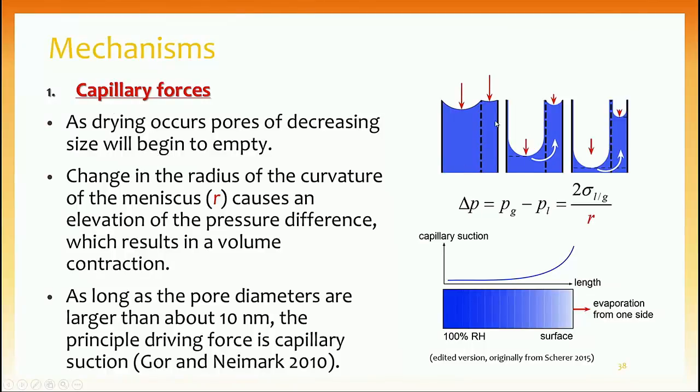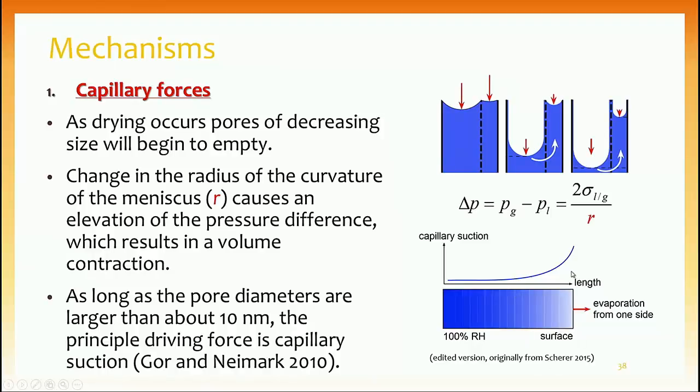So when drying happens, the water begins to empty and it starts from the larger pores, and then the radius of the pores becomes smaller while this drying is happening, and then the smaller pores begin to empty, as you can see in this graph here. So because of the reduction in the pore sizes, there is a differential pressure around the exposed surface which was drying.